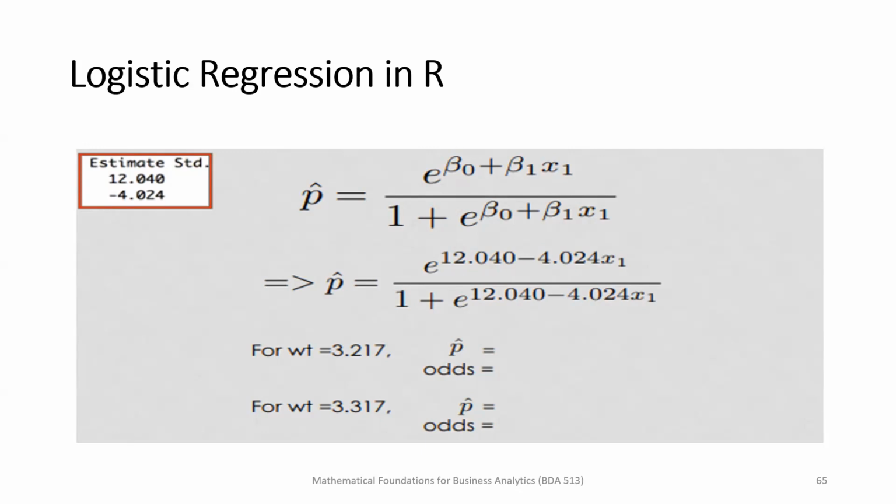Okay, so what about the odds? Did you calculate the odds? Remember that it is P divided by 1 minus P. So if we know P, we can get the denominator and then calculate the odds.